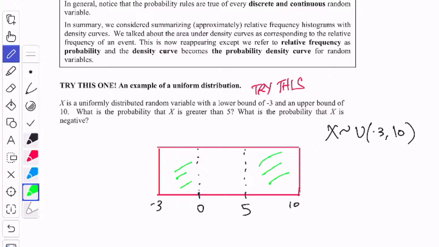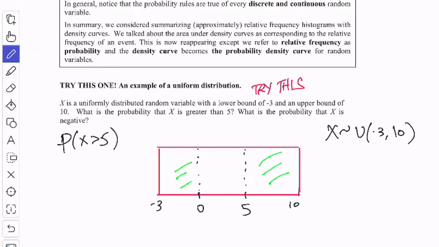So the question, probability X greater than 5, looks like it's like a normal distribution and I standardize, but that's referring to this uniform distribution. So you need to go to the box method. So you're going to say 5, so this is height times width. I'm just going to use H and W. So we need to get the height.